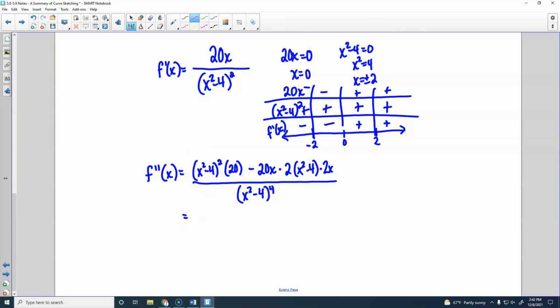All right, you've got the 2x squared minus 4 and this x squared minus 4. And we're going to factor one of those out so that we don't have to square that out. You could square it out, but then you're going to have to factor again. So we'll get 20 times x squared minus 4 minus 80.